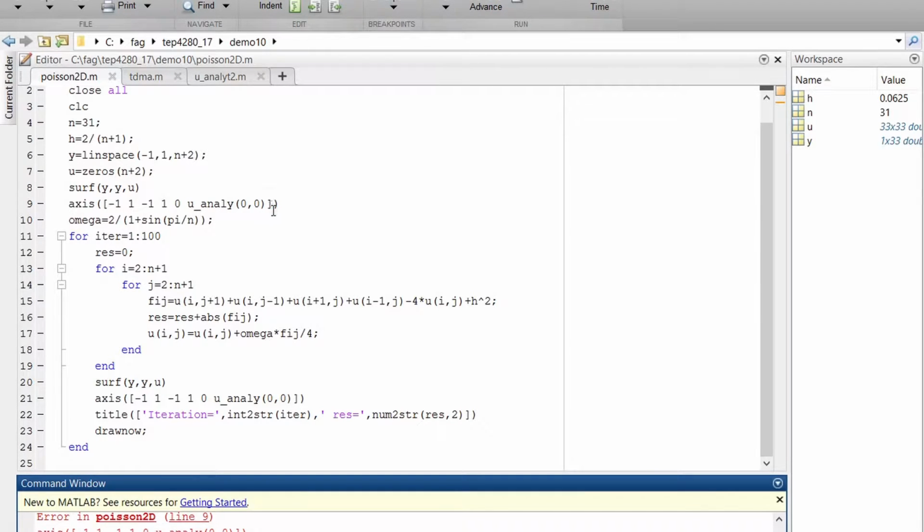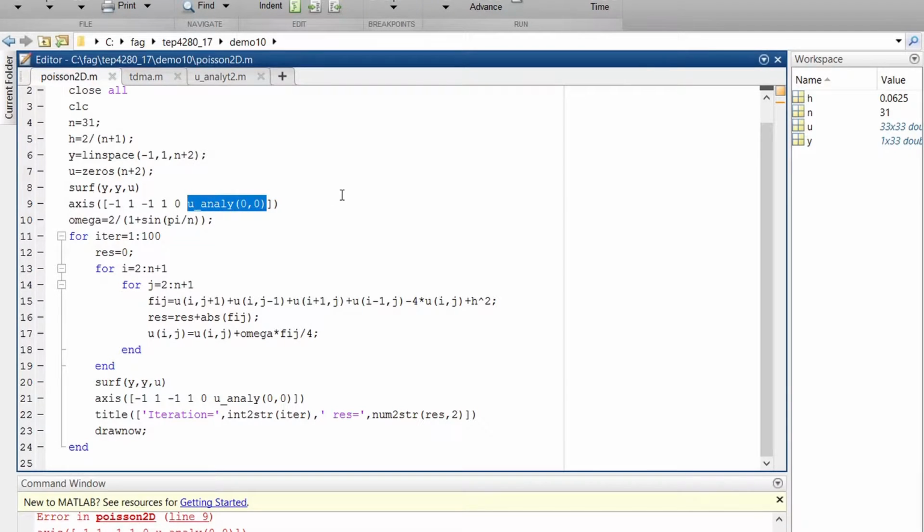Okay, then we do it differently. I guess you can't have a function call inside an axis. So let us do it like this. And then when we do the plotting, we plot U divided by, just using that one now as a scale. That should work.